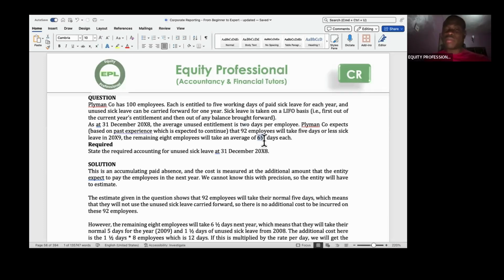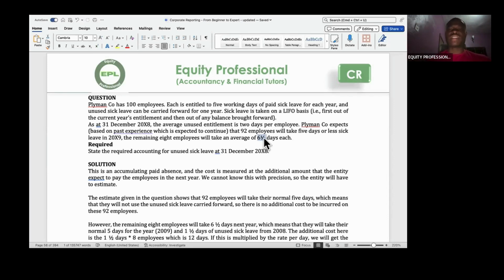So it's only these 8 employees that will take out of their unused sick leave, which is the 1.5 days. And that's what this 6.5 signifies: the 5 days they have for that year, and the 1.5 days from the unused sick leave.